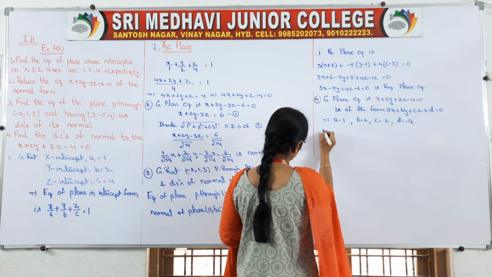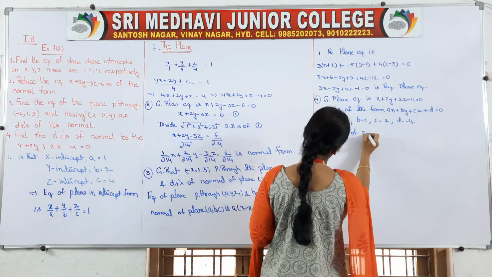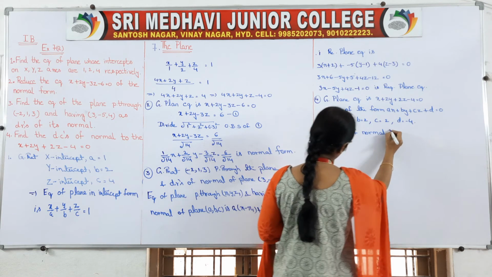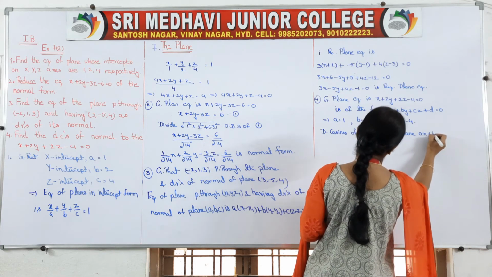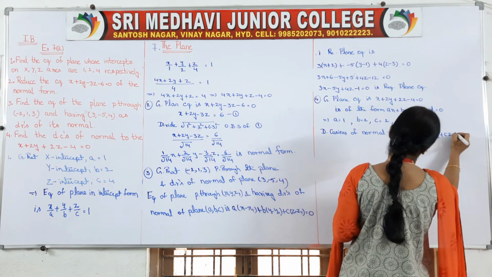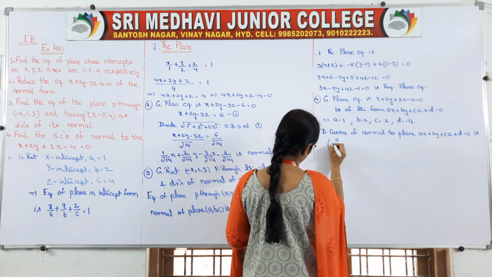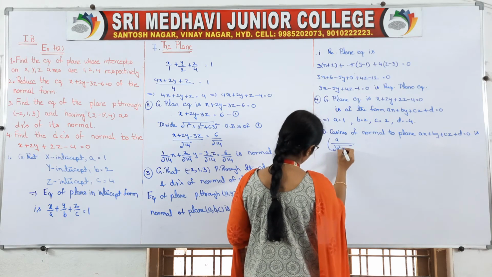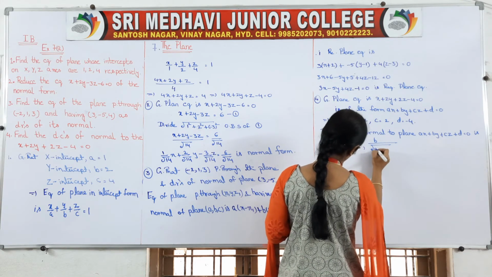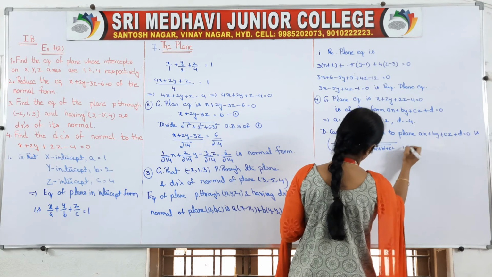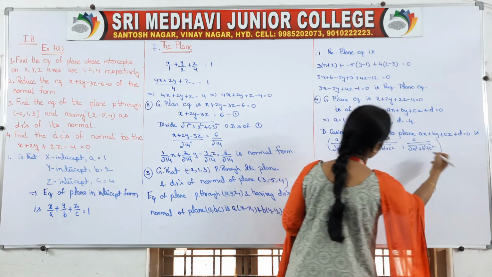The direction cosines of the normal to the plane with general equation ax plus by plus cz plus d is equal to 0 are a by root of a square plus b square plus c square, b by root of a square plus b square plus c square, c by root of a square plus b square plus c square.